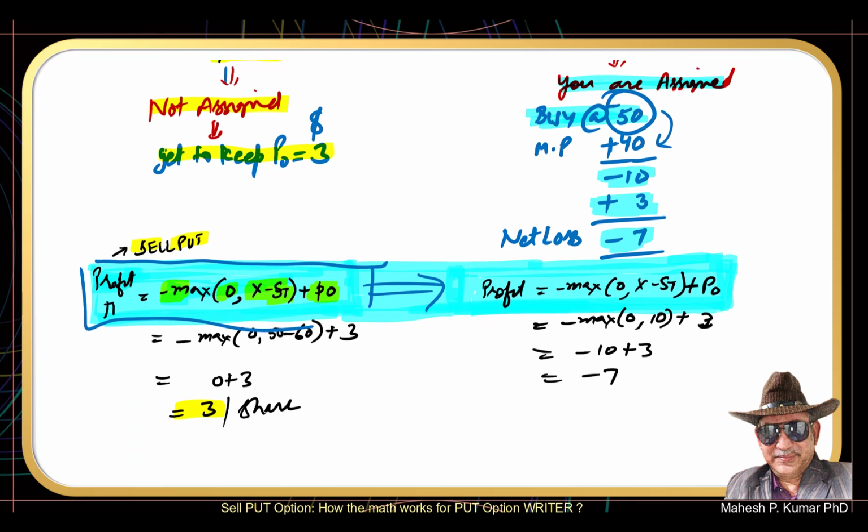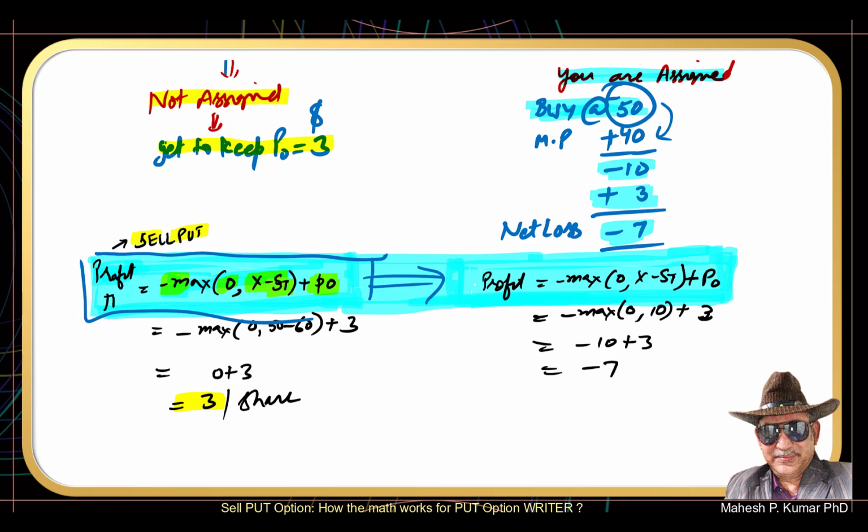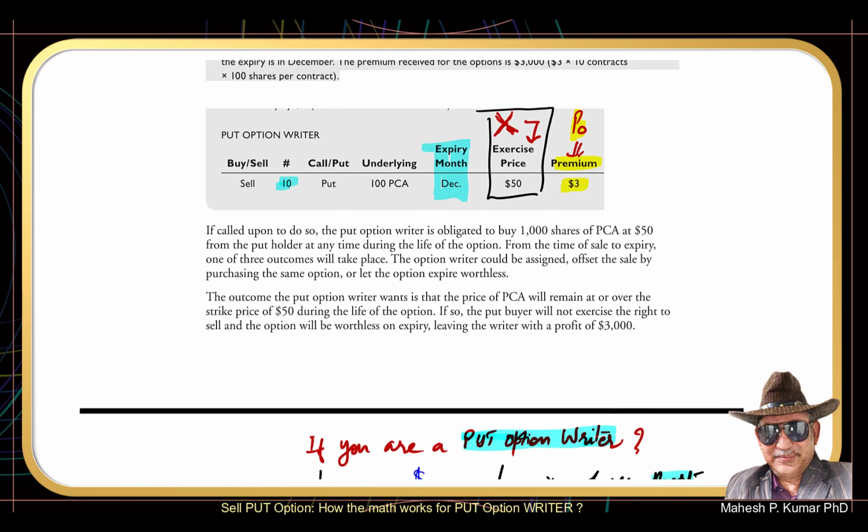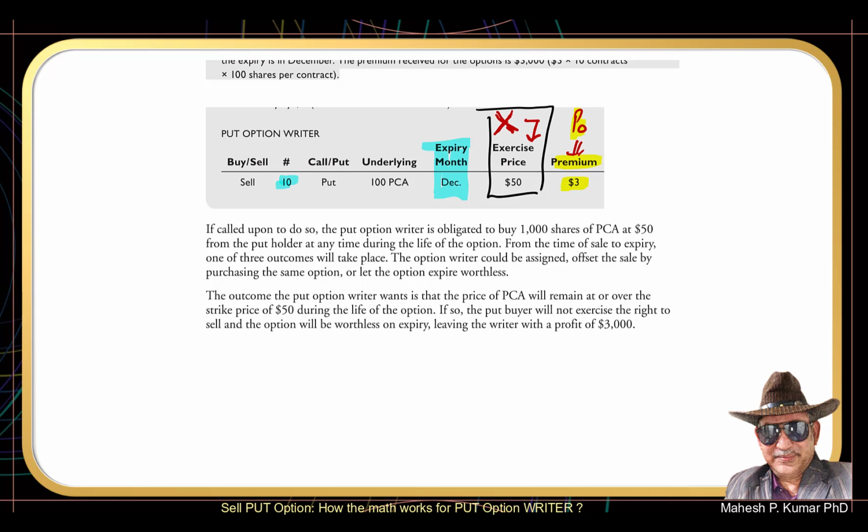Either you compute it from the formula which is given here, or you compute it the way I showed here, your net loss would be $7 per share. And in this scenario they mentioned that you have sold 10 contracts.